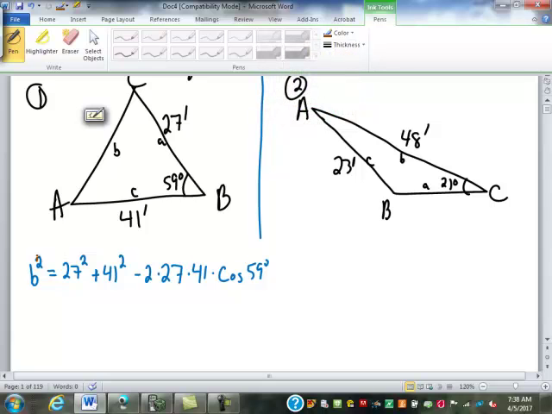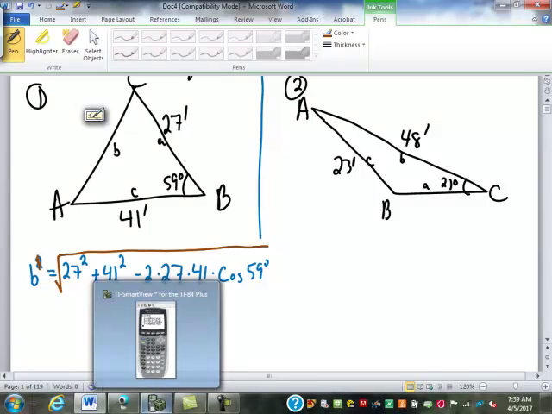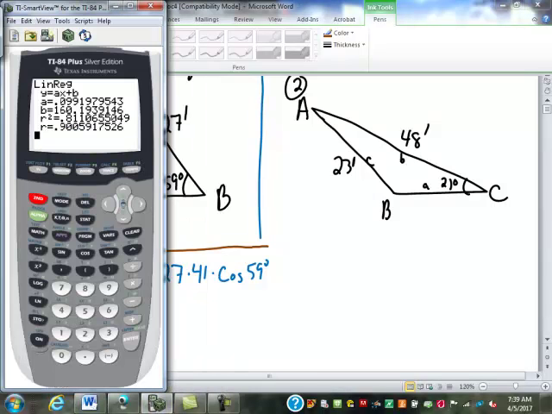So now again, I'm just going to cross off the squared and put a square root over here. So I'm square rooting both sides, I'm just not rewriting it. So B is equal to the square root of 27 squared plus 41 squared minus 2 times 27 times 41 times the cosine of 59 degrees.